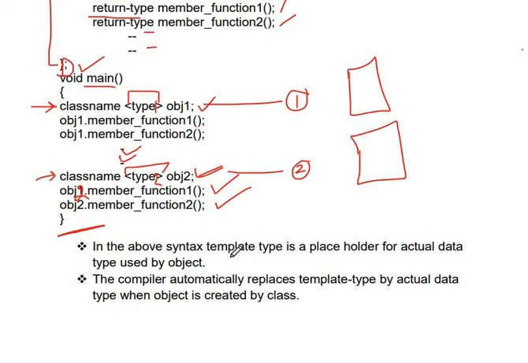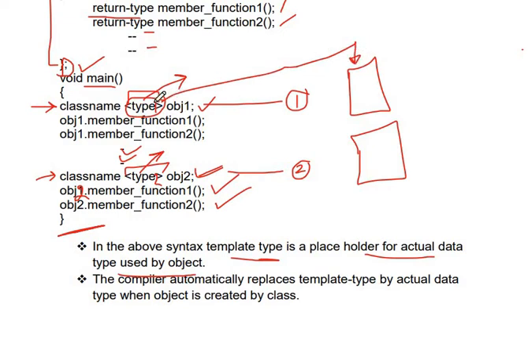Okay, in the above syntax, the template type is a placeholder for the actual data type used by an object. Right? In the place of type 1, either you can write int, float, char or whatever you want. In the place of type 2 also you can write whatever you want, int, float or char. For example, in the place of type 1 if you write int, then this object 1 is used to hold only integer data members.